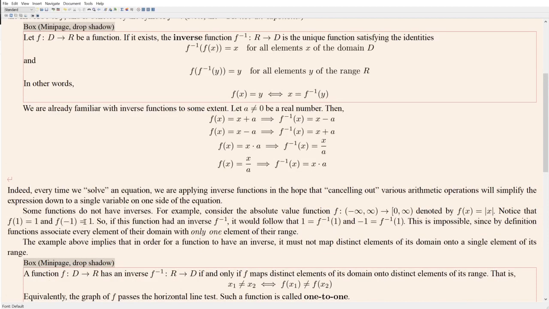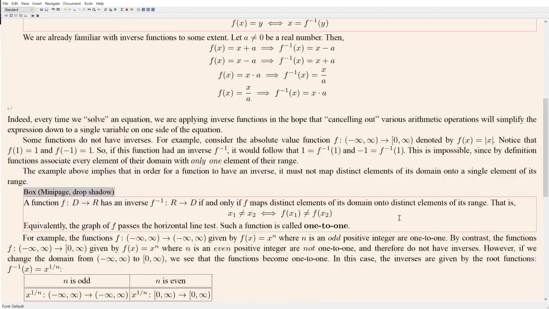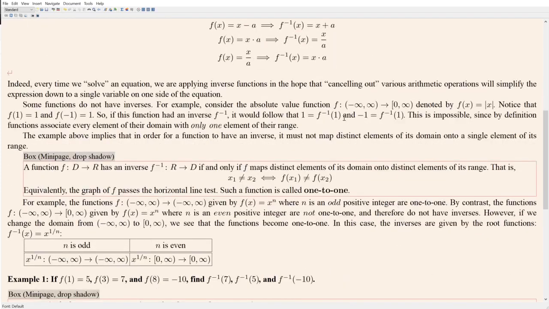Similarly, if f of negative 1 is 1, then negative 1 is f inverse of 1. But wait a second, this is impossible, because we're saying now that f inverse sends 1 to 1, but it also sends 1 to negative 1. That's impossible. Functions don't do that.